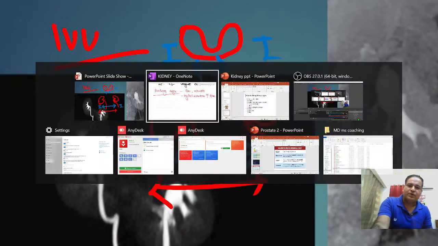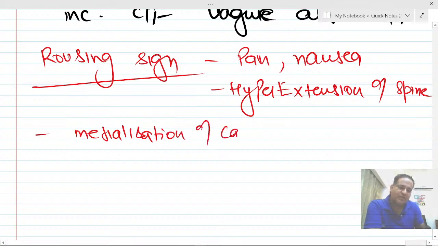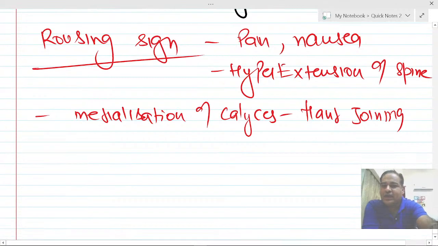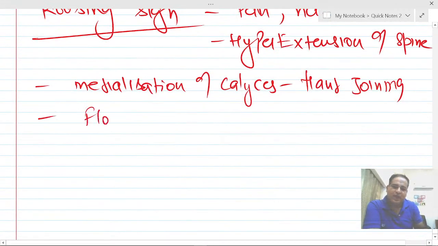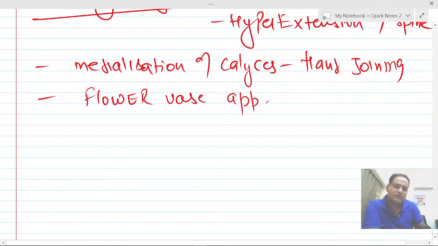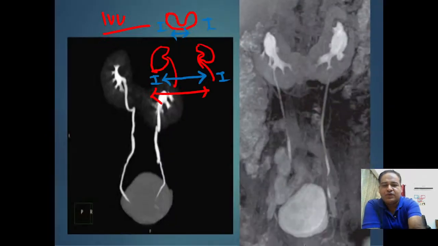So what you get to see on intravenous urography is medialization of the calyces, which gives rise to the typical hand joining sign, and also the flower vase appearance of the ureters.